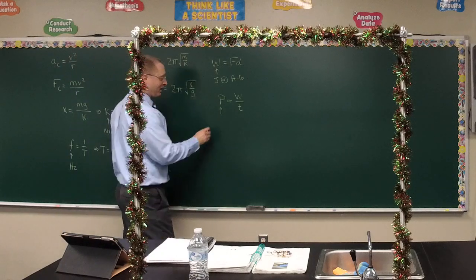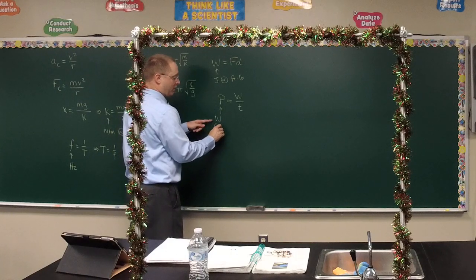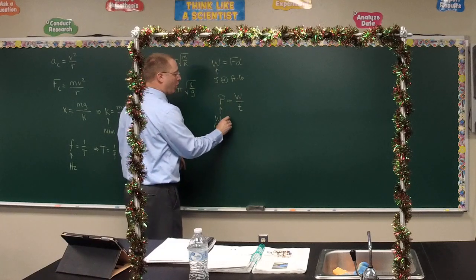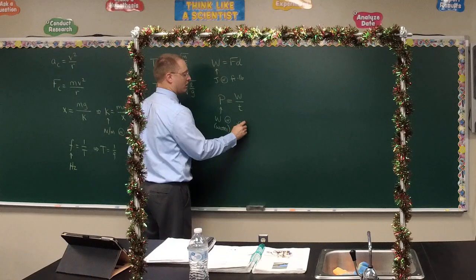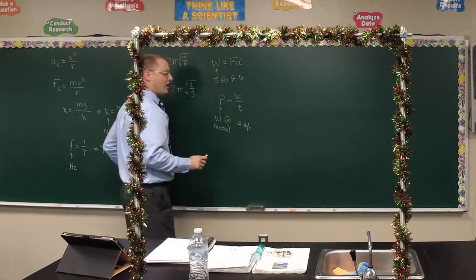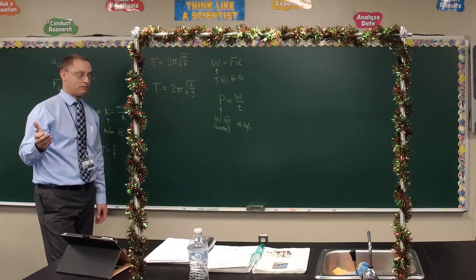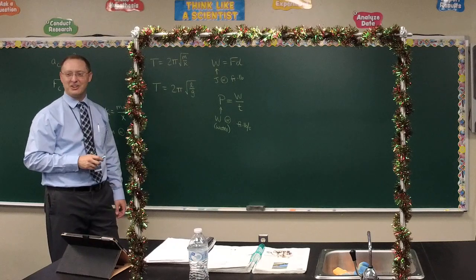Watts. I love my wife Watson. Watson's powerful love. All right, so the W here is watts, not work. This W is work, and this W is watts, the unit. Or in the U.S. we could use foot-pounds per second. And then there was another rather ambiguous unit that James Watt came up with called horsepower.